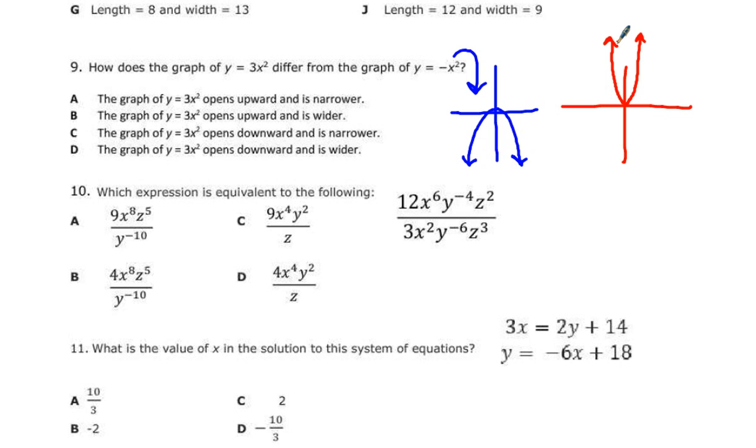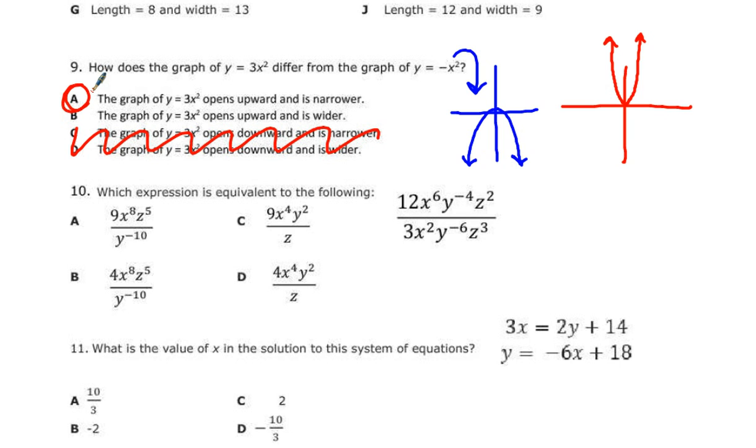Yes, he's positive 3. So I'm going to eliminate both of those answer choices. And again, we just talked about whole number versus fraction. Remember that the fraction makes him wider or compressed vertically, and the whole number will stretch it vertically or make it more narrow. So it is A.